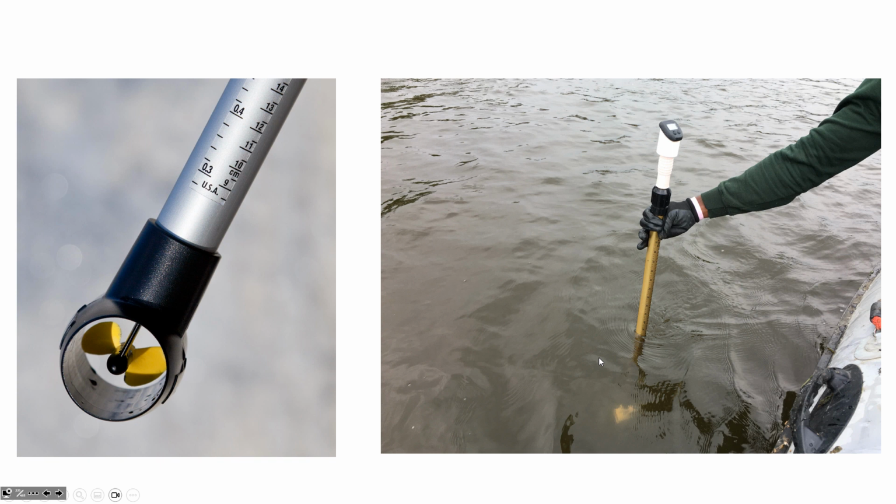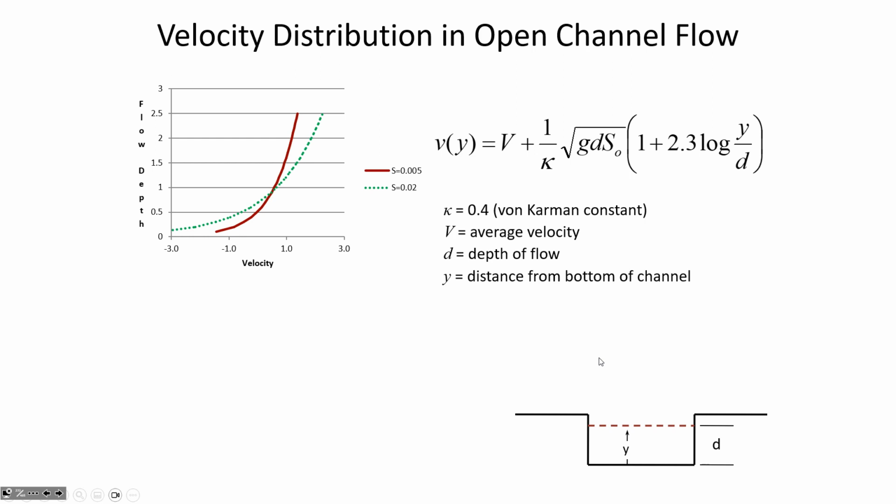So there have been different ways over the years to try and estimate what the shape of that velocity profile looks like. And one of them that has been put together, it's in our book, relies on the von Karman constant. And this is a pretty complicated empirical equation that is a way of starting off with the average velocity.